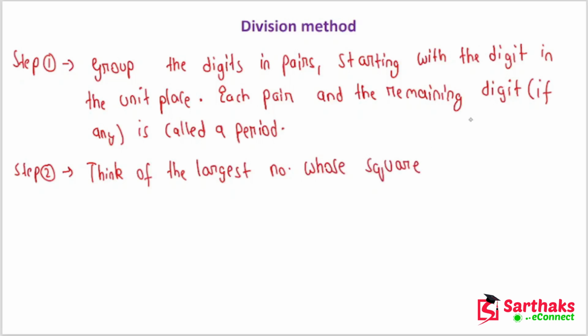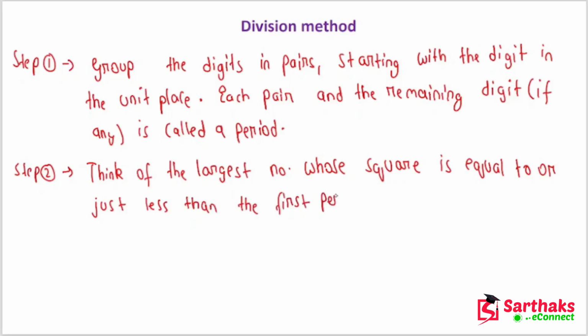Think of the largest number whose square is equal to or just less than the first period. Obviously the first period will be counted from the left, not from the right. In grouping we start from the right, but the periods are counted in the normal fashion, that is, from the left.